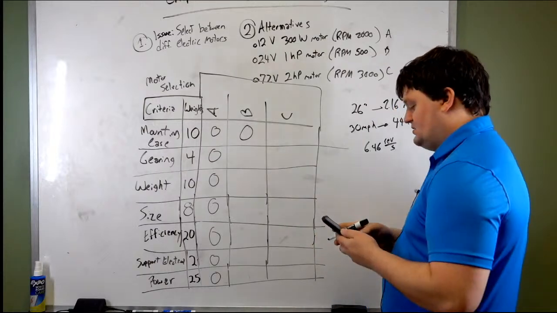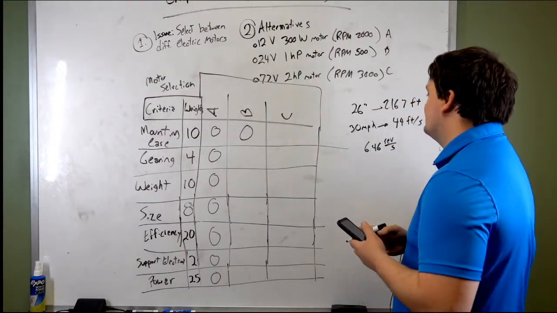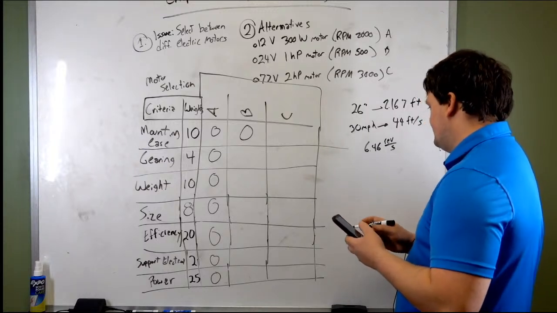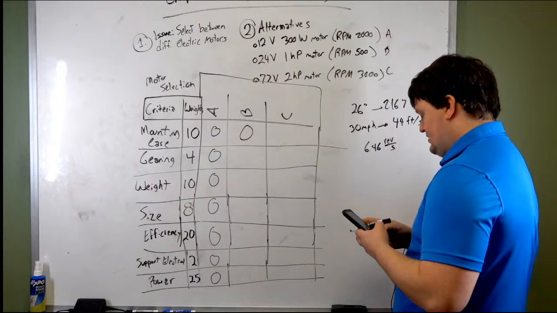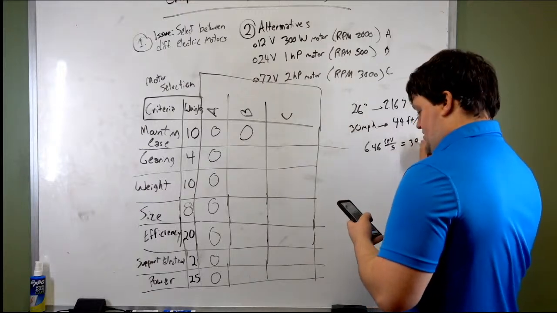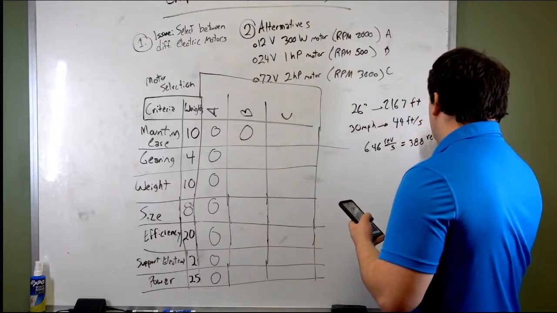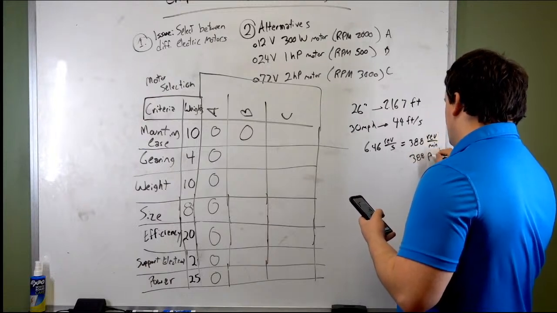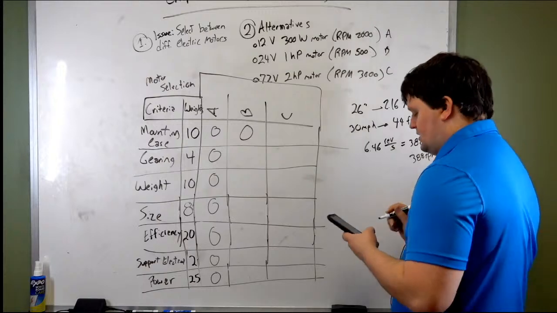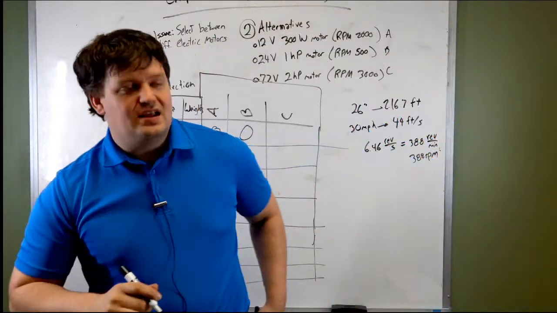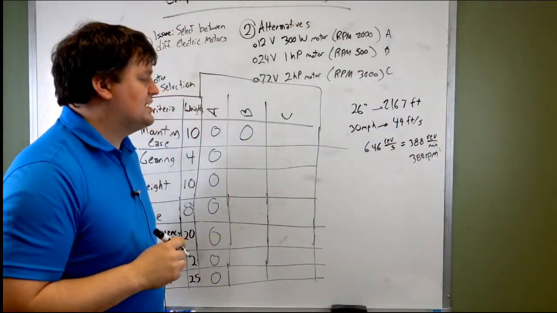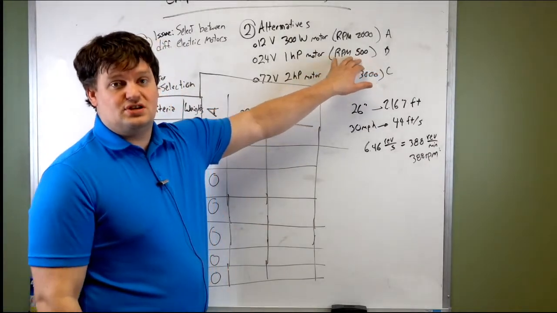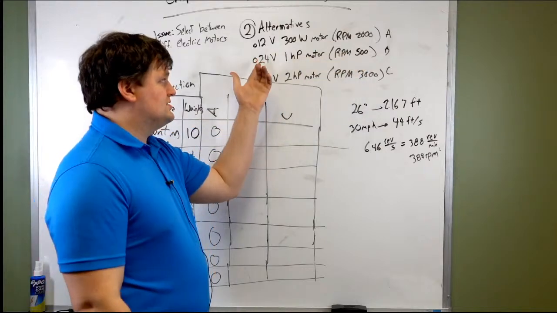Which means you have 388 revs per minute, or 388 RPM. So we have 388 RPM that our cycle is operating at, which is actually really close to 500, which is the nominal speed of this motor.